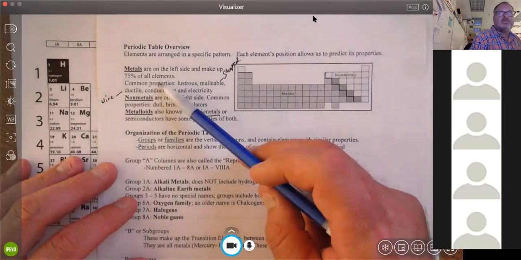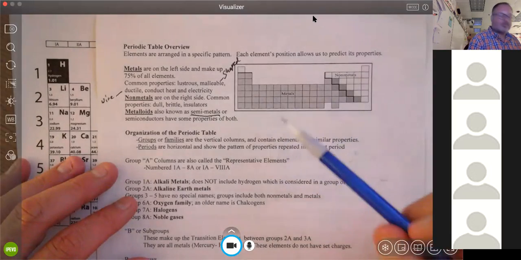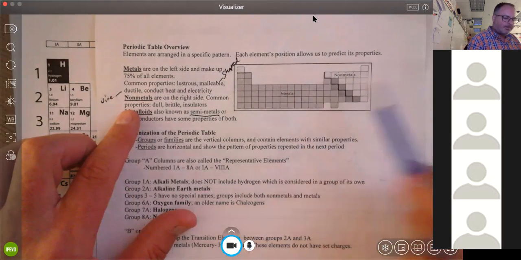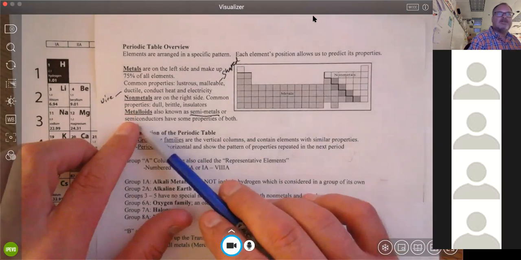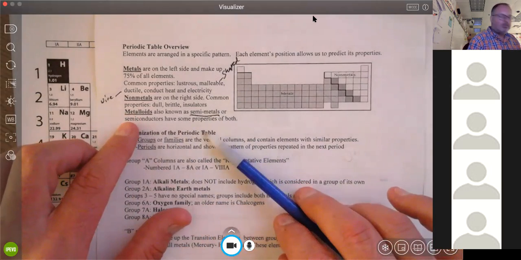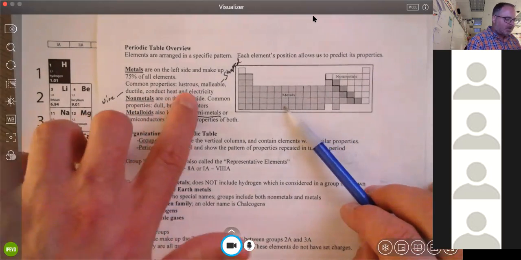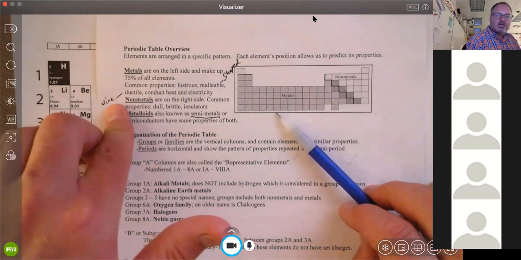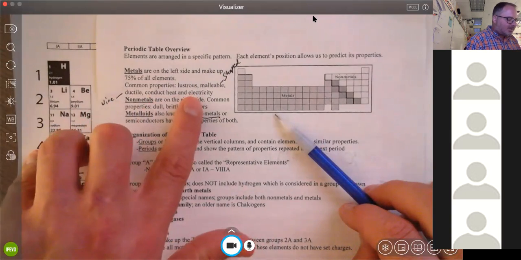75% of all the elements on the periodic table are metals. This corner up here and hydrogen over here, these are our non-metals. And then the metalloids or semi-metals. They have properties of both metals, for example, lustrous, malleable, which means they can be shaped, ductile, which means they can be drawn into wire, and conduct heat and electricity.